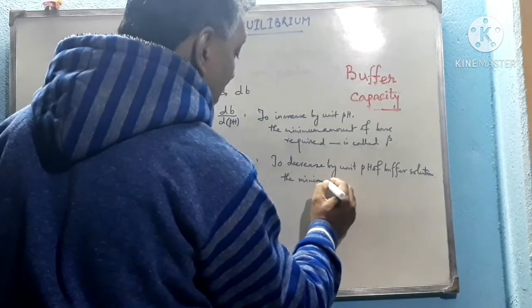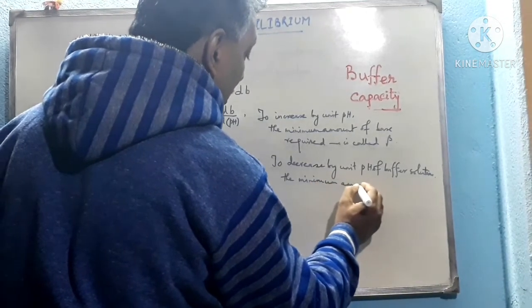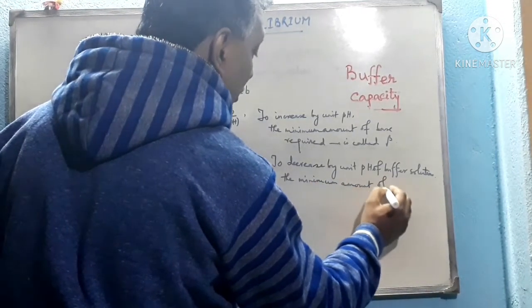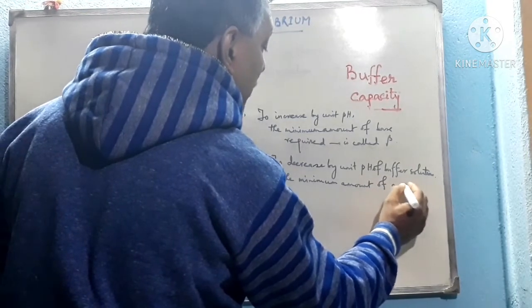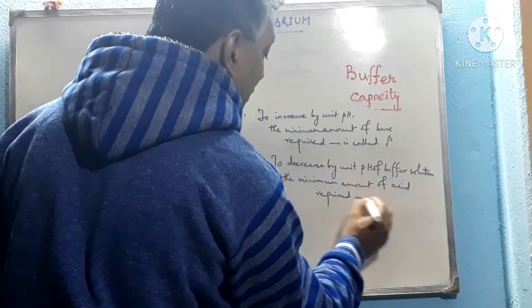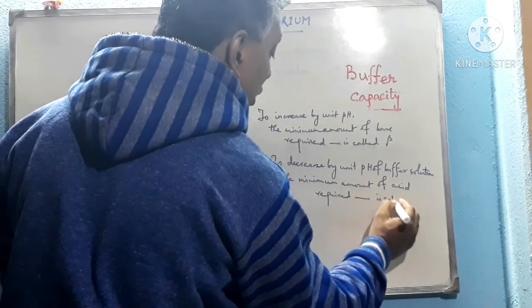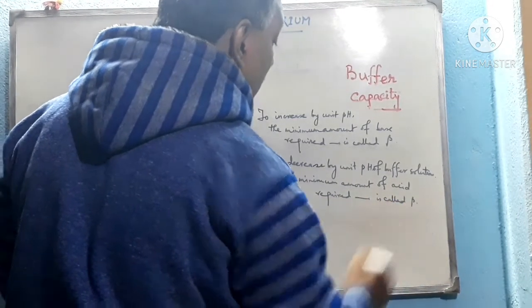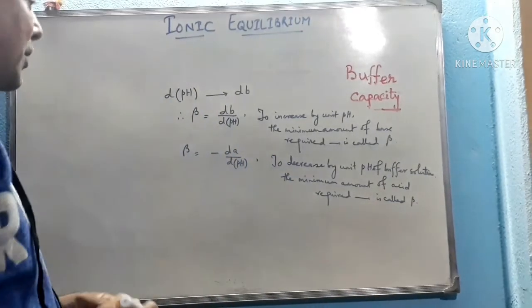The minimum amount of acid required is called the buffer capacity of that particular acid buffer solution.